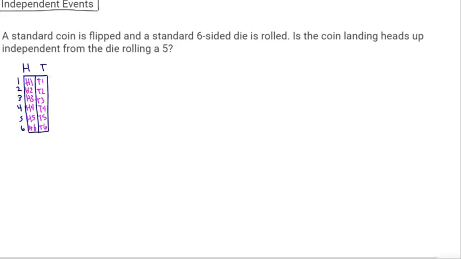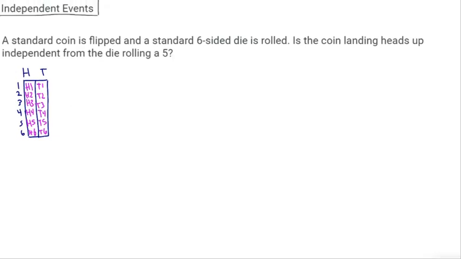To do this, we will note that the coin can come up as either a heads or a tails, and the die can roll a 1, 2, 3, 4, 5, or 6. So when we do our sample space of the two events together, we'll use H1 to say that the coin came up heads, the die showed a 1. T3 would represent the die showing a 3 and the coin showing tails, so on and so forth.